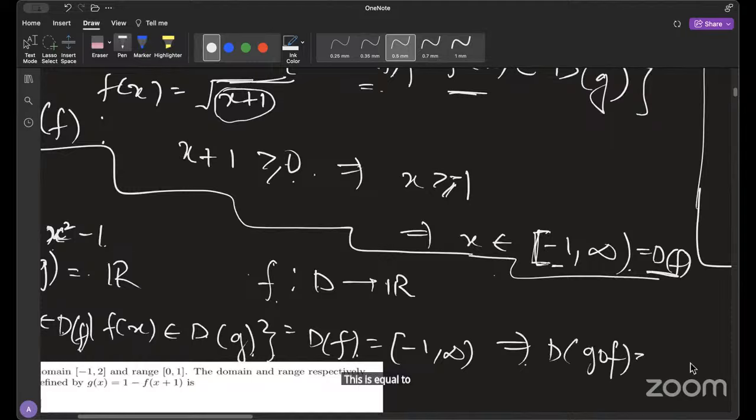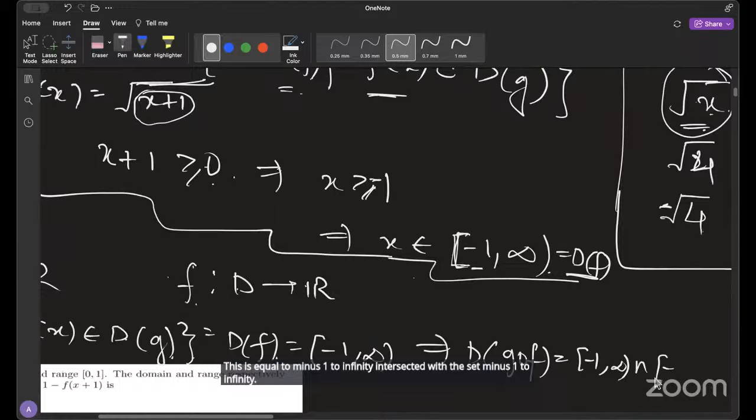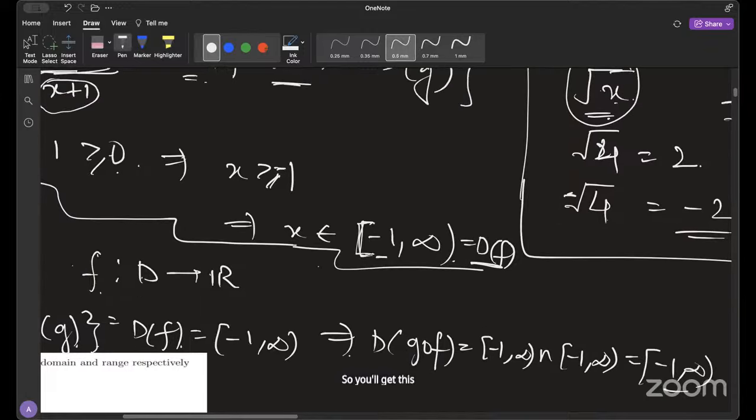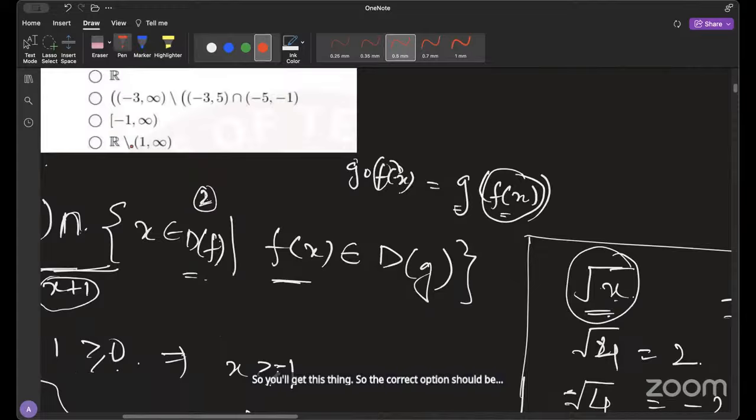This equals -1 to infinity intersected with the set -1 to infinity. So what do we get when we take the intersection of the same sets? That same set, -1 to infinity. So you'll get this thing. So the correct option should be this one.